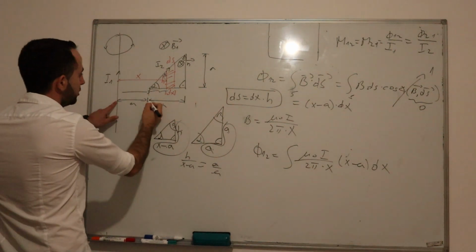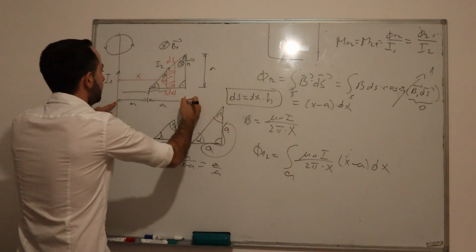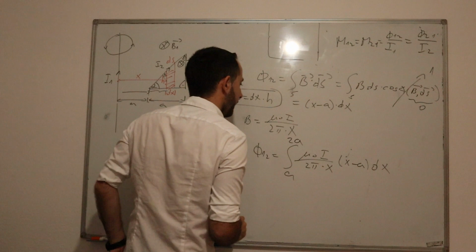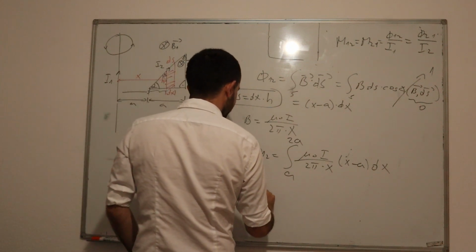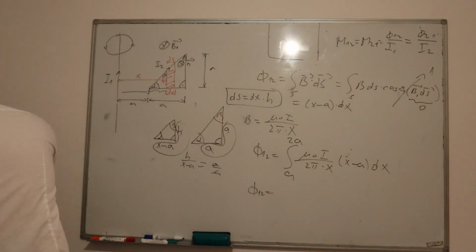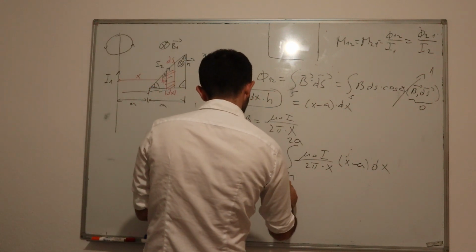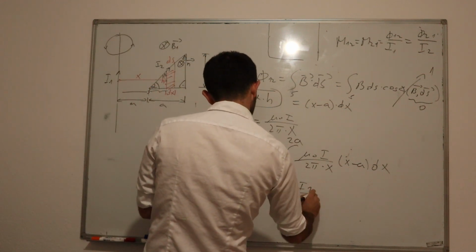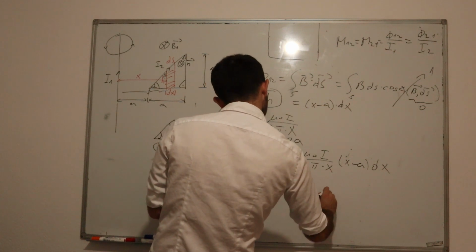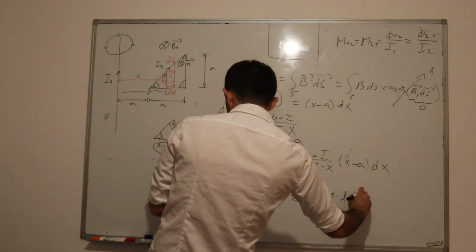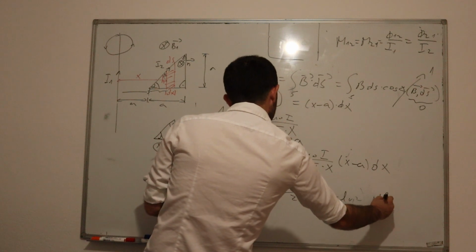It starts from here, which is a, and it ends here, which is 2a. So, solving this integral, you will get that our flux is mu0 I1 a over 2 pi times 1 minus natural logarithm of 2.